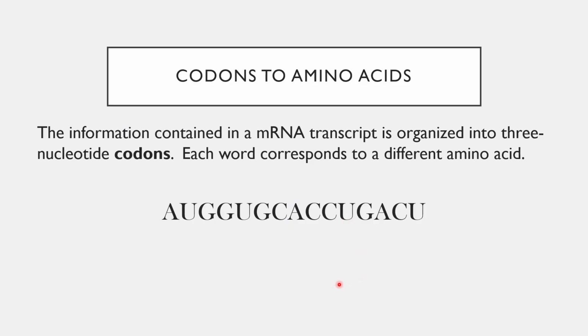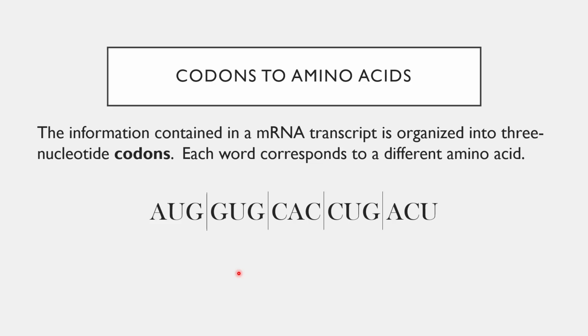So I want you guys to practice how this works so that you can fully understand it. Let's say that our messenger RNA read the following sequence of letters. And remember, the way the ribosome reads this is in sets of 3. And so the ribosome will divide this up into sets of 3-letter words. AUG, GUG, and so on.